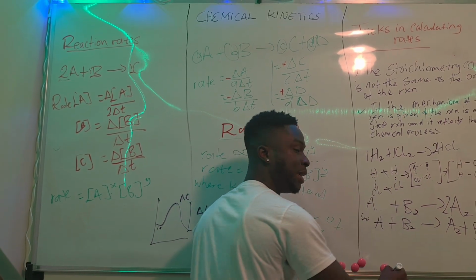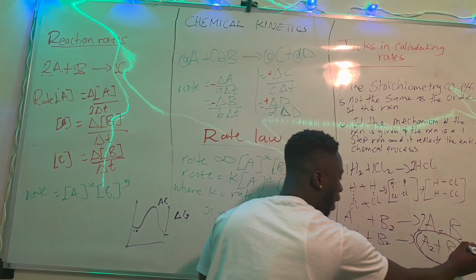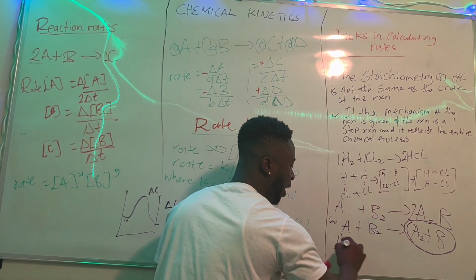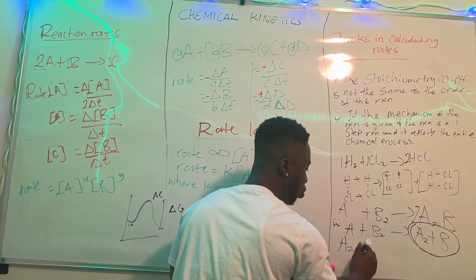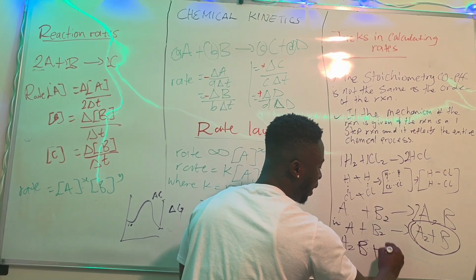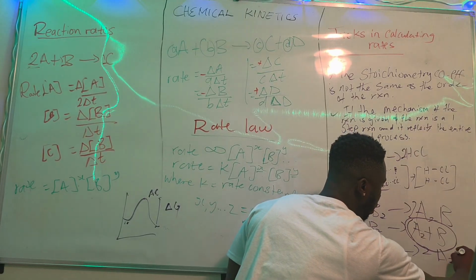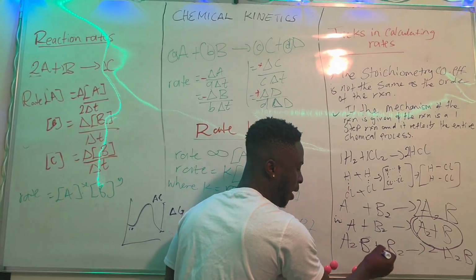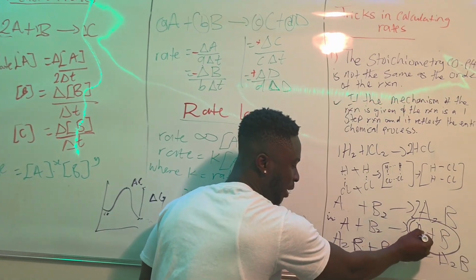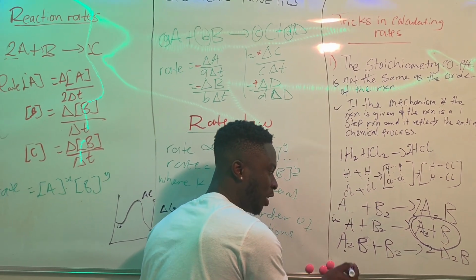And then an intermediate step where the intermediate product becomes a reactant, and this AB will react with another B2 to form A2B2. Now this intermediate, it was a product over here, and it has become a reactant over here.